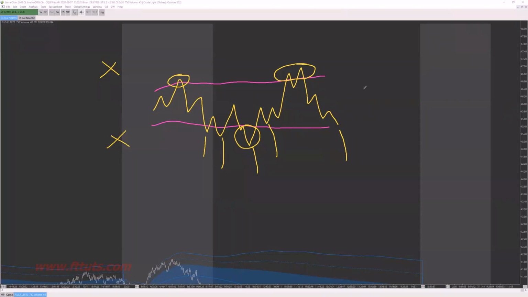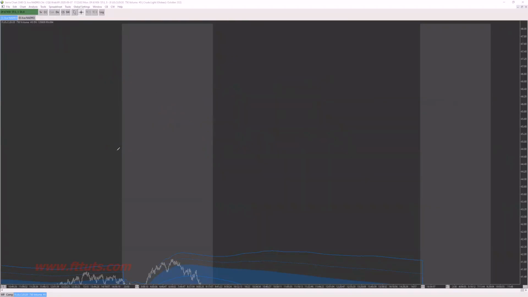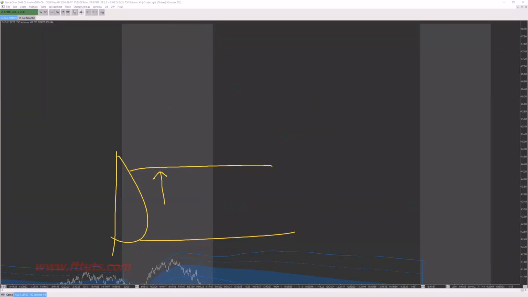The other way we can use DVA to get into a trade is by going with an imbalance. So let's say that we had a breakout pullback and we're now bullish above this level.